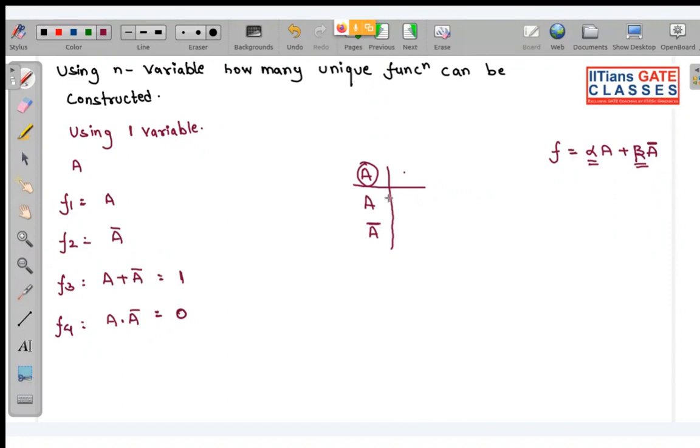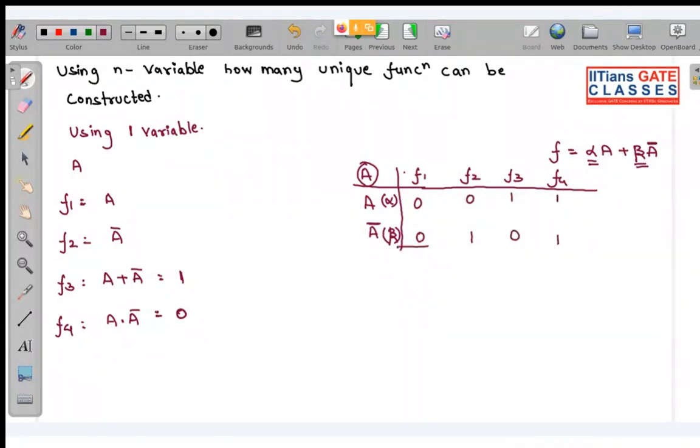Now what can be the possible values of alpha and beta? They are 0 and 1, obviously. Either alpha and beta are both 0, or alpha is 0 and beta is 1, or alpha is 1 and beta is 0, or both of them are 1.